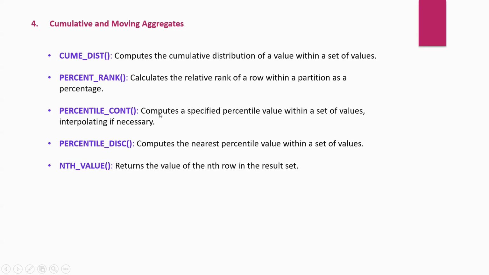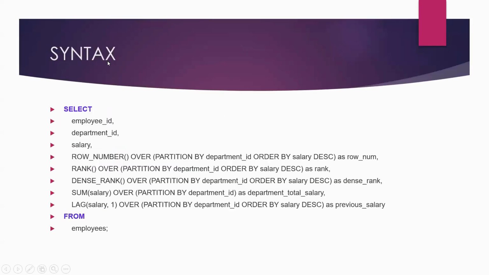Percentile_cont computes a specified percentile value within a set of values, interpolating if necessary. Percentile_disc computes the nearest percentile value within the set of values without decimals. Nth value returns the value of the nth row in the results, for example the second last row. So these are the theory.